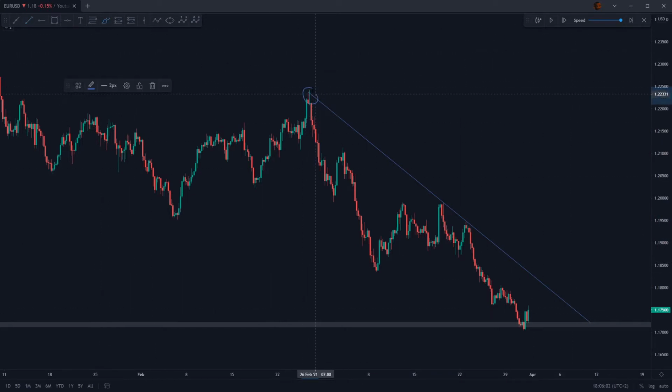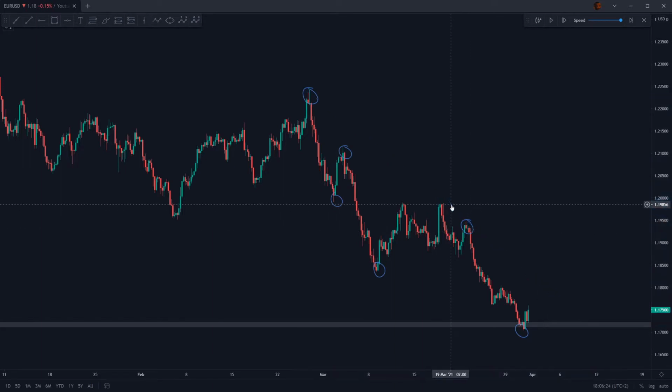As we can see, we have a high, a lower high, a lower high, another lower high, and we have a low, and another low, and another low. So we have lower lows and lower highs. What does this mean? It means that we're situated in a higher time frame downtrend.